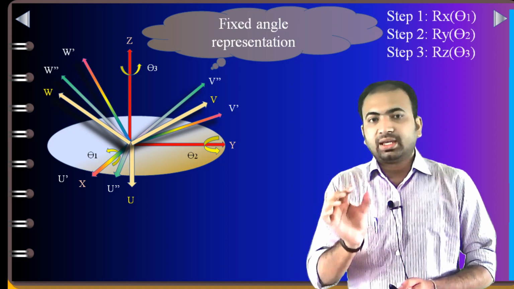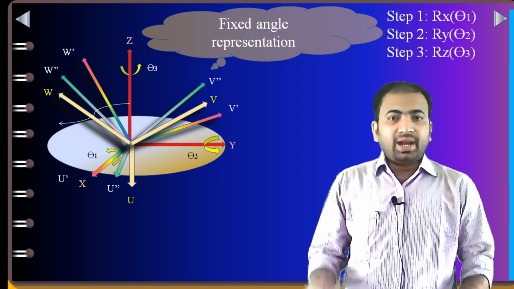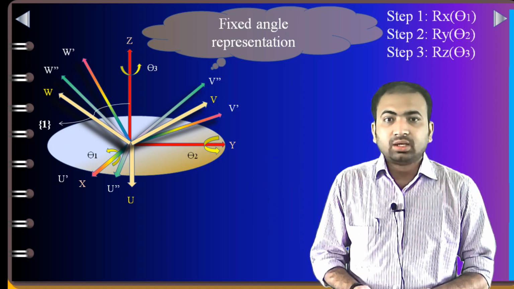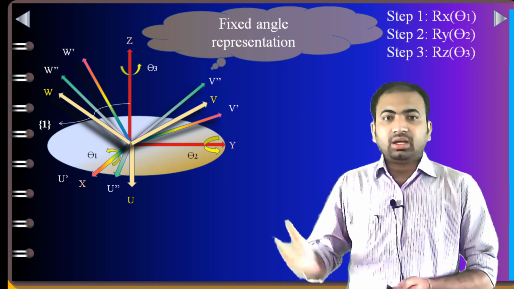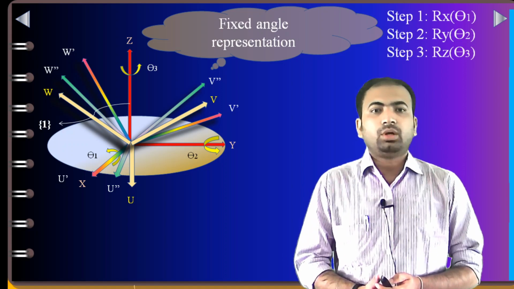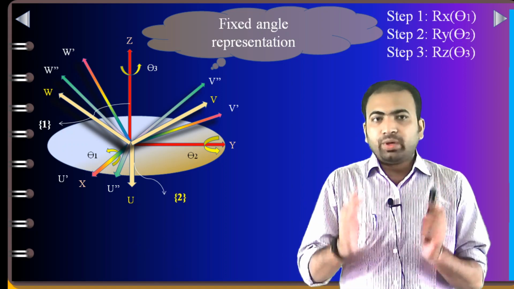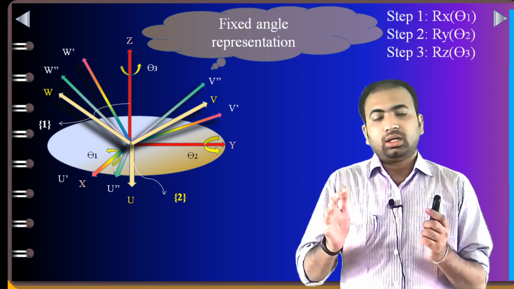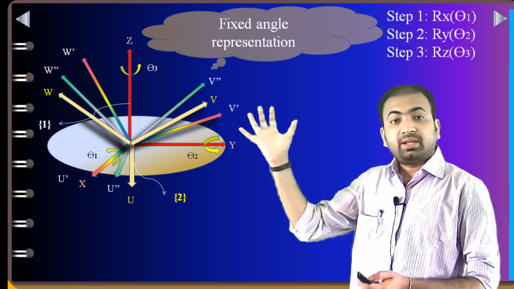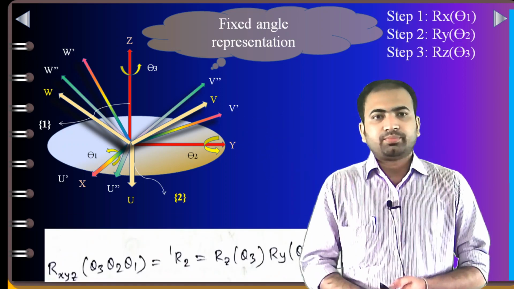The red one which we had previously was frame number 1, and the yellow frame which we have just constructed is named frame 2. We have to find the final matrix form once we have performed all these rotations.